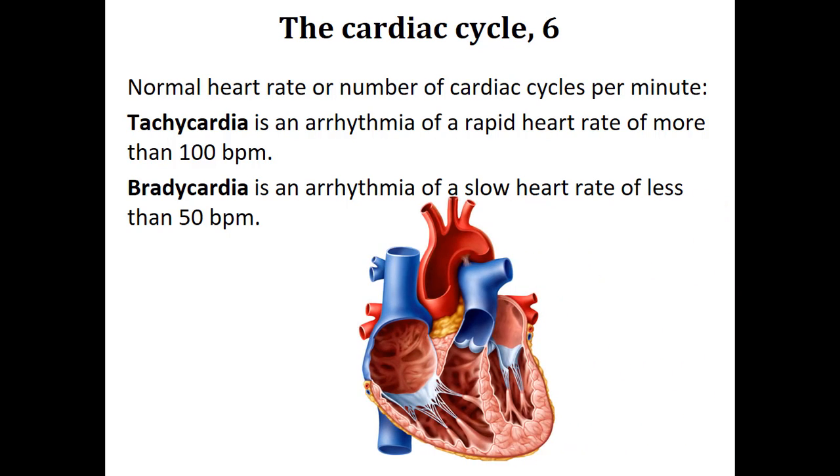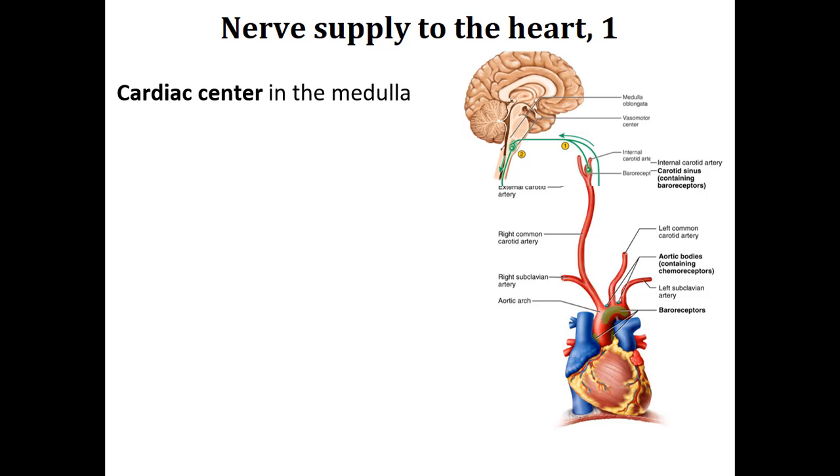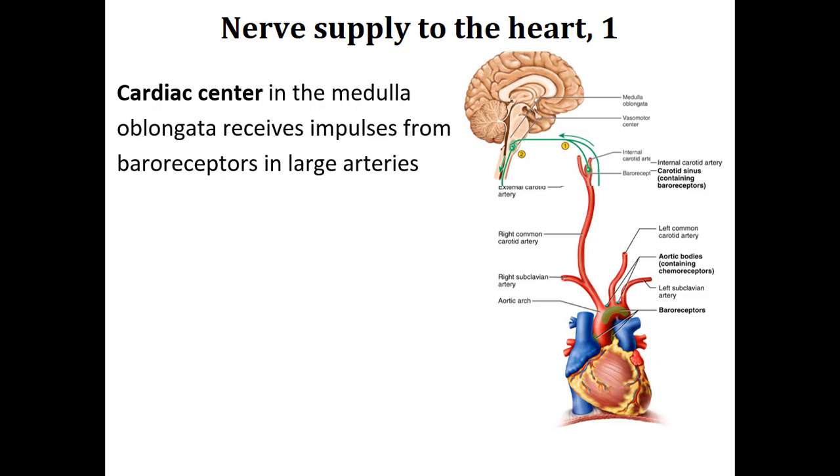So the nerve supply to the heart, so what's going on and how do we control the rate, like the speed? So we know that the sinoatrial node self-generates the signal from the SA node to the AV node, but the cardiac center is in the medulla oblongata, and it's going to respond to baroreceptors, which depend on pressure.